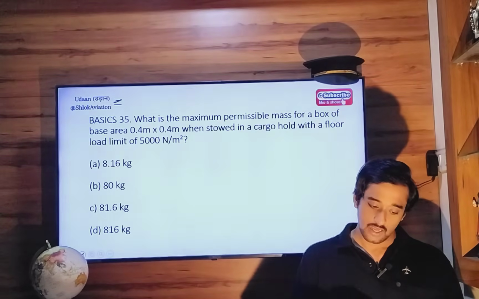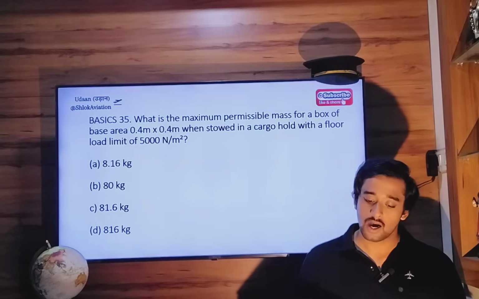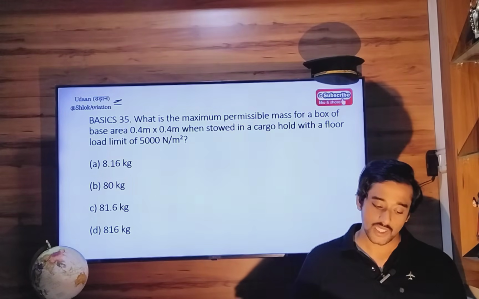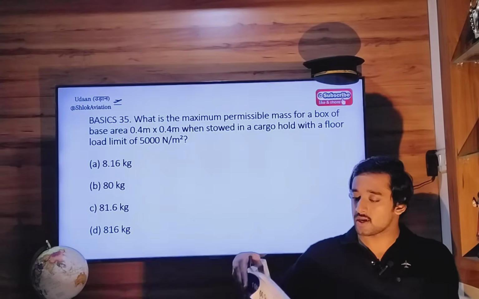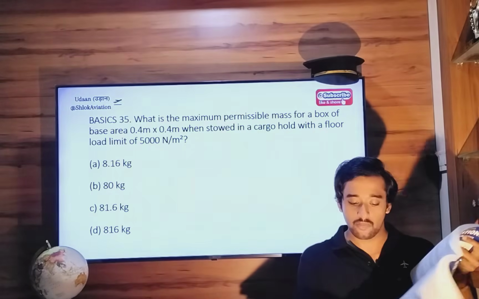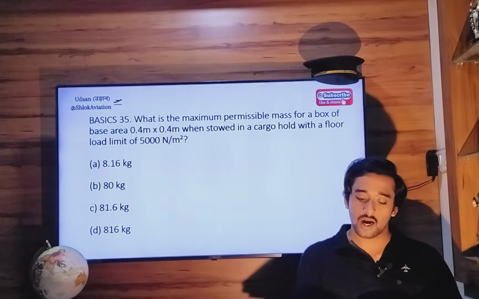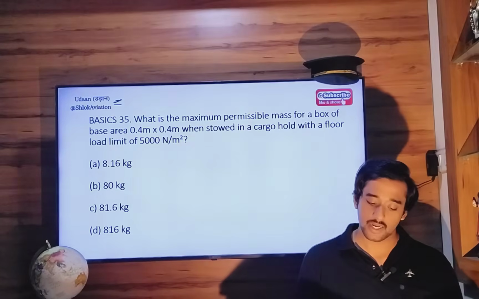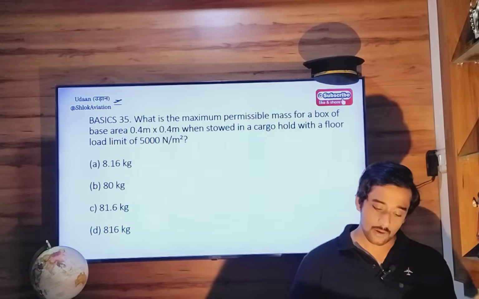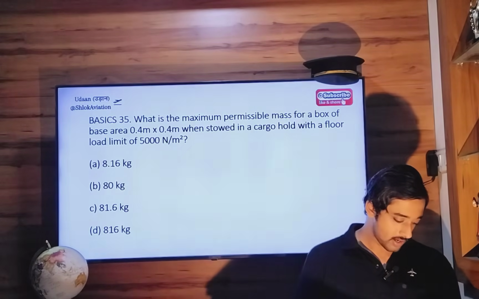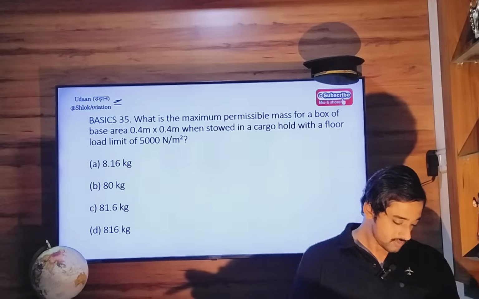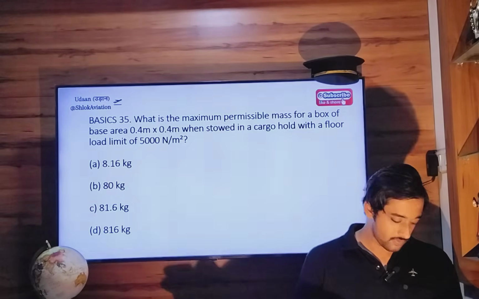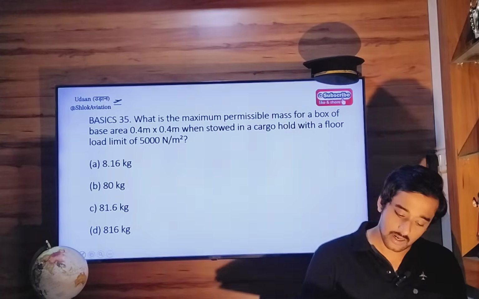35. What is the maximum permissible mass for a box whose area is 0.4 meter into 0.4 meter when stored in a cargo hold with a floor load limit of 5000 Newton per square meter? Okay, so the formula is the meaning.